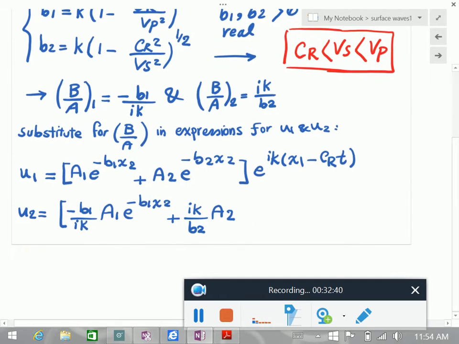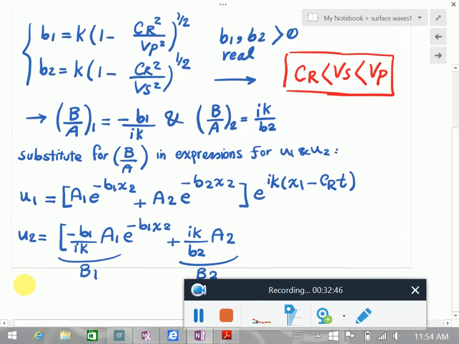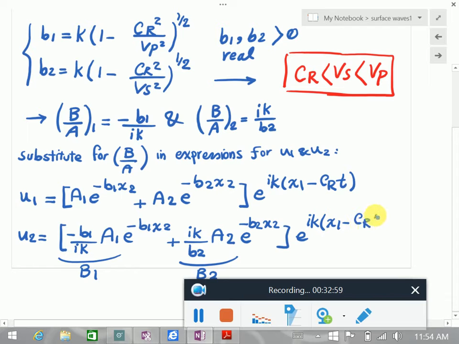So this is basically b1, and this is basically b2. You see? And then we have b2x2. These are components of the same weight, so traveling with the same distance, and this is how they look like.